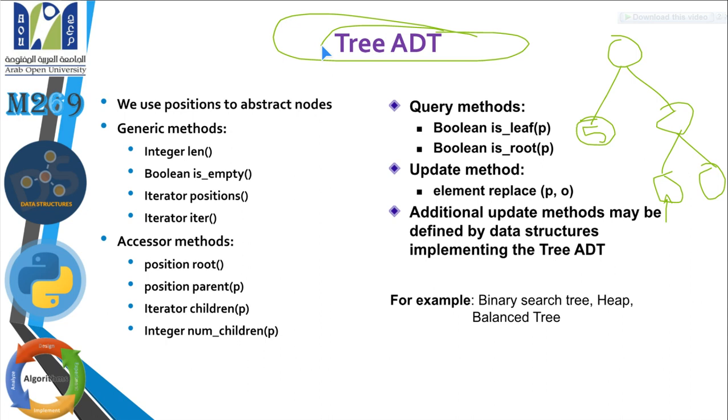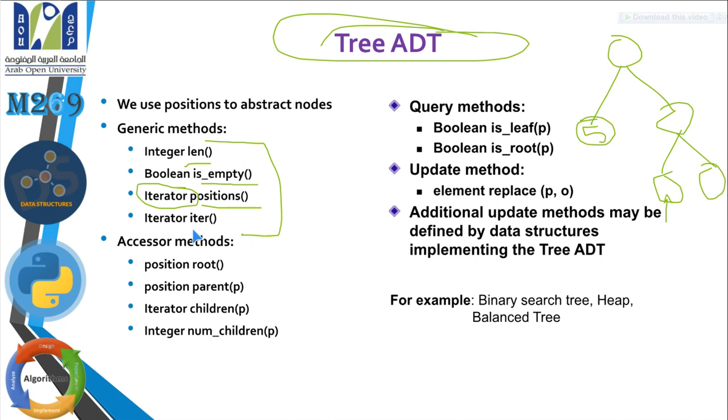These are the general methods that you can find in the abstract data type, which is the length of the tree, and is_empty. This is a Boolean function which returns true if there are no elements in the tree. Iterator positions, it returns an object of the type iterator for looping.